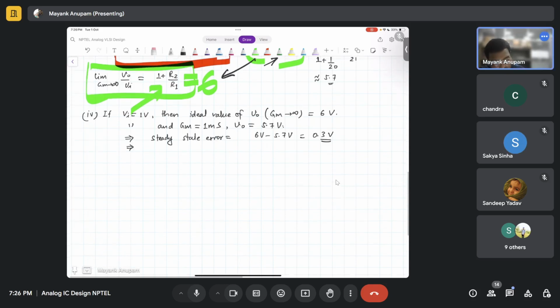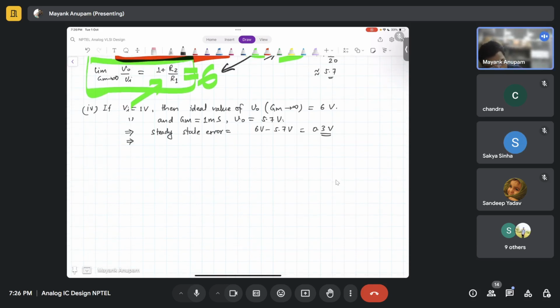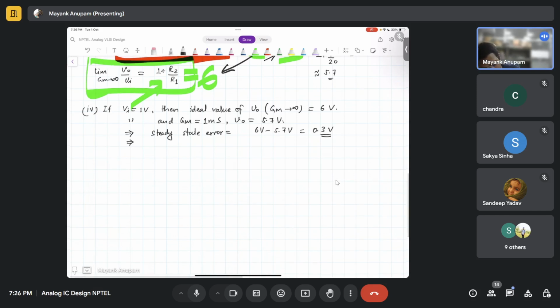The thing is that if instead of 1 volt this had been 2 volts, what would this be? 12 volts, right? And how much will this be? 5.7 into 2, right? Getting my point? If instead of 1 volt it was 2 volts, instead of 6 volts it would have been 6 into 2, 12 volts.